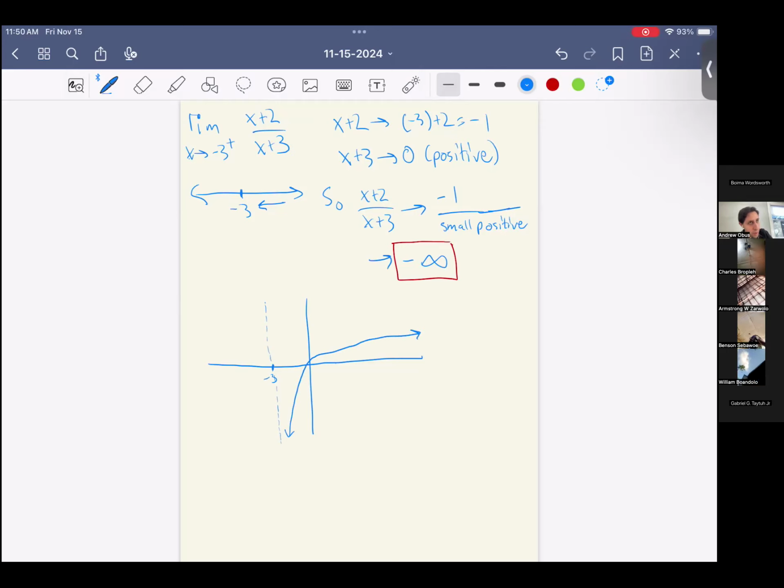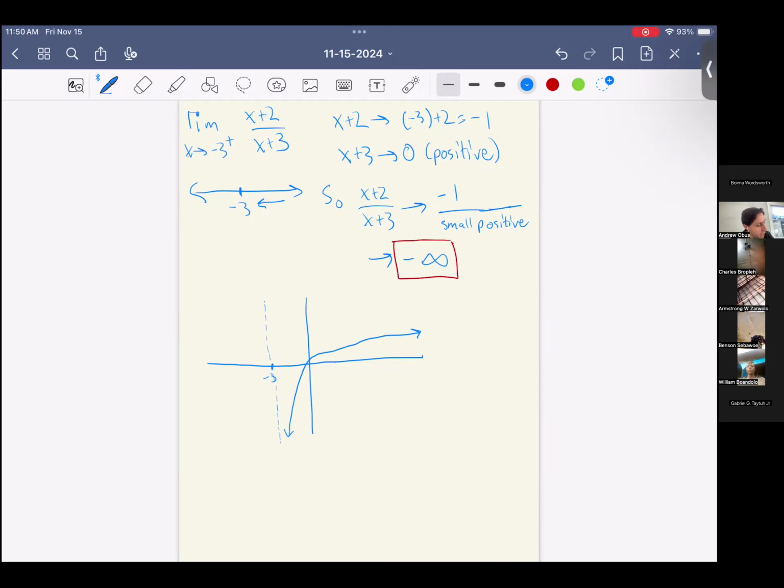Yeah, it's going to look like that. And then as we approach -3 from the left, it was going to positive infinity. So that's going to look like this. Okay, so this is actually what the function looks like. You can graph it on a calculator if you want to. But this is the actual graph.